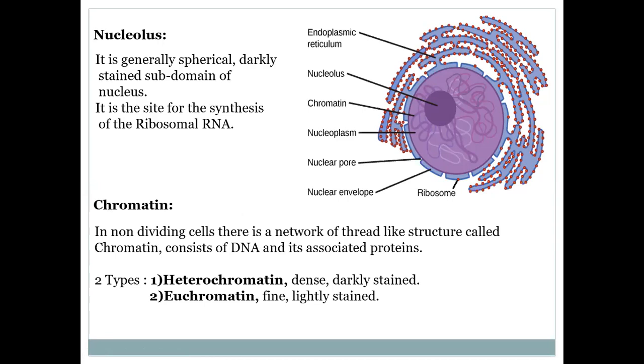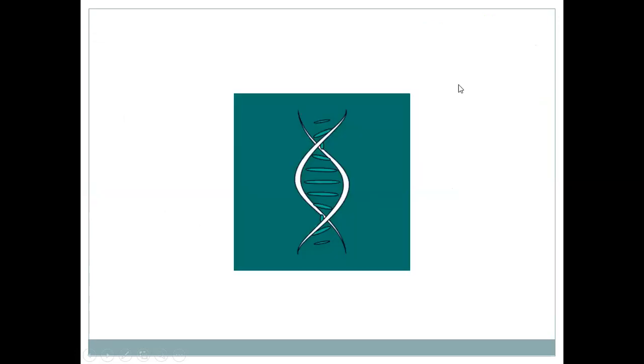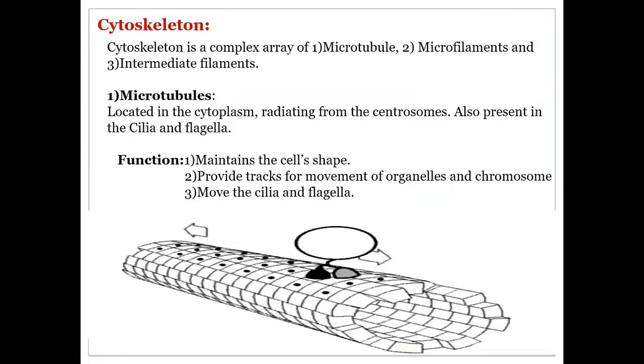When it looks light and fine, it is termed euchromatin, and when it is dark and dense stained, it is termed heterochromatin. It consists of DNA, and the nucleolus is the site of synthesis of ribosomal RNA. DNA has a double helix structure.